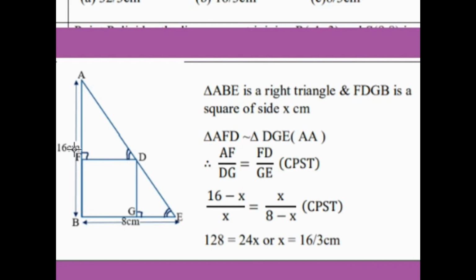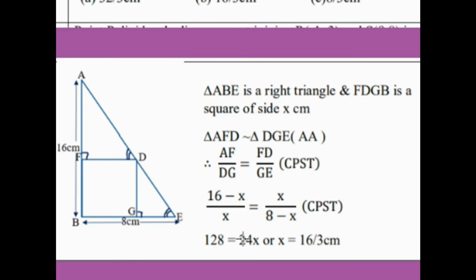There are two triangles AFD and DGE which are similar to each other as per AA similarity. If these two triangles are similar to each other, I can write AF by DG will be equal to FD by GE. The reason is corresponding parts of similar triangles. So AF will become 16 minus X. Reason is AB is 16, BF we assumed as X, so AF will be 16 minus X. DG is equal to X. We assumed the side of the square as X, which is equal to FD.